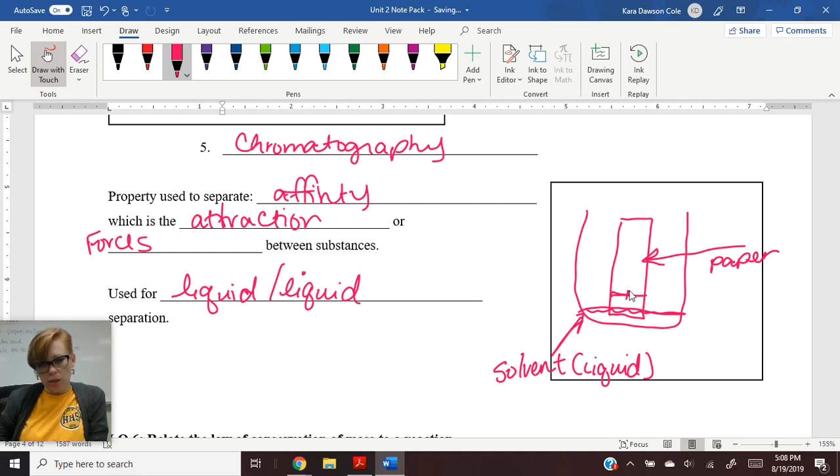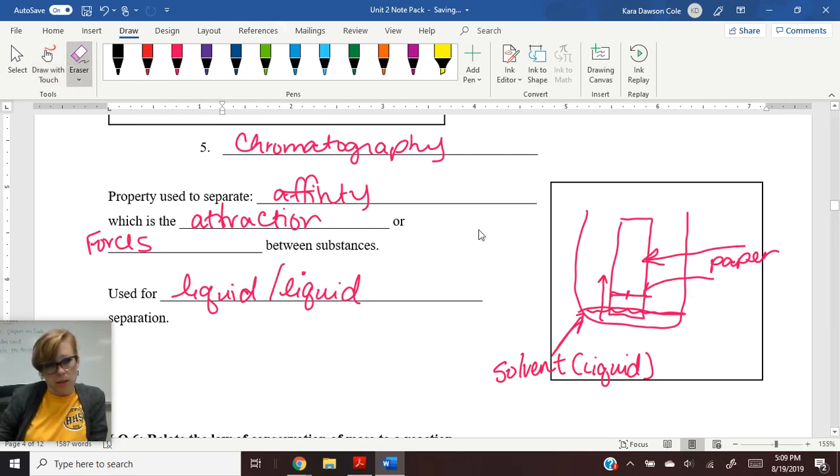And then you have this place on this paper where you've made a dot, essentially. Then this liquid starts rolling up the paper because the liquid is attracted to the paper. It starts moving up the paper because of the interactions.